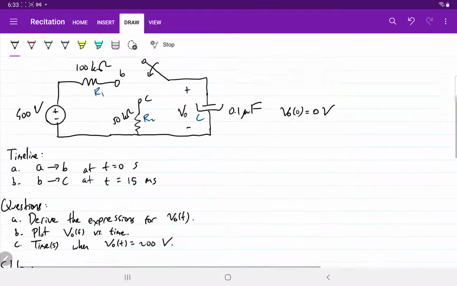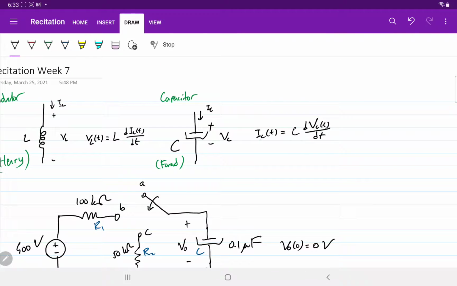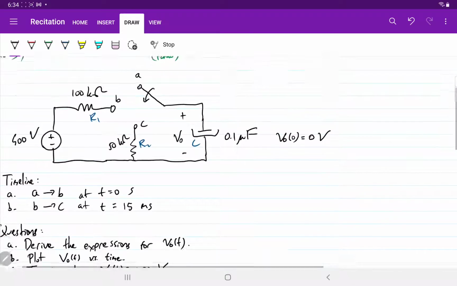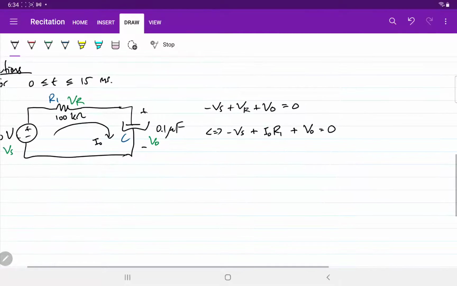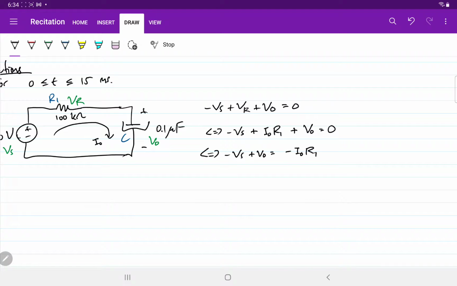But we know that I0, which is IC, is C dV over dt if the current is going in. So since the current is going in here, we have minus Vs plus V0 equals minus I0 R1, right?